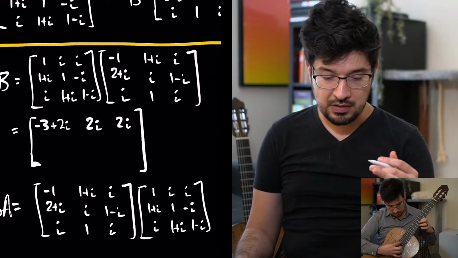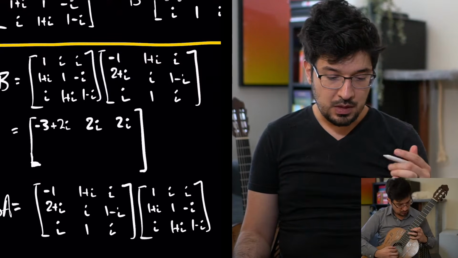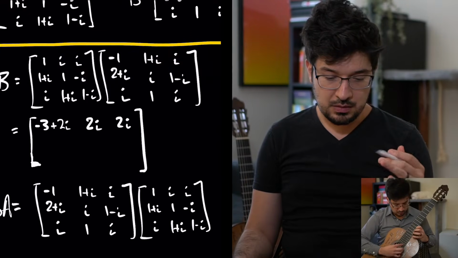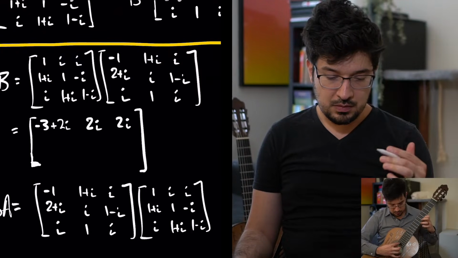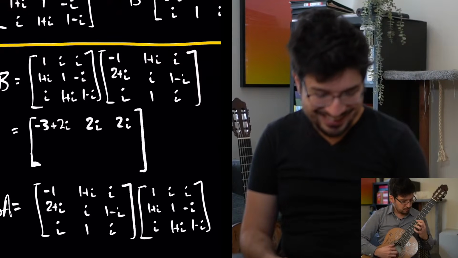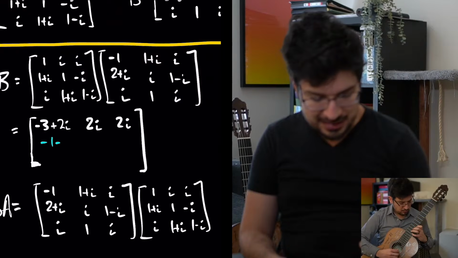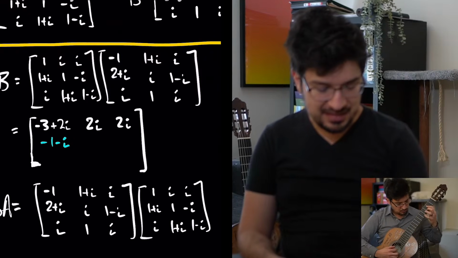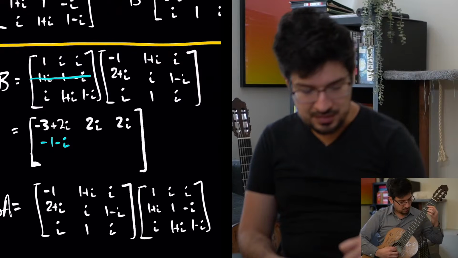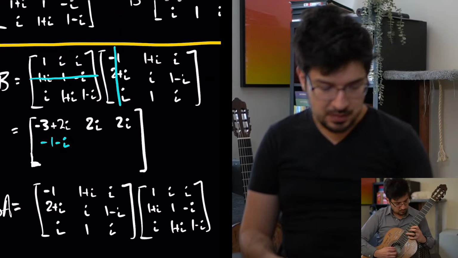Minus 1 minus i, 1. Yeah, just 1. Okay, it's hard to do these in my head. Okay, I'm not going to try. So, minus 1 minus i. We're doing this row dot product with this column right now.